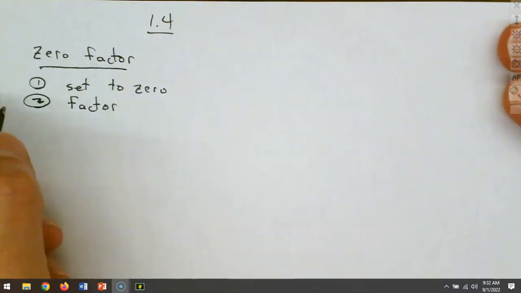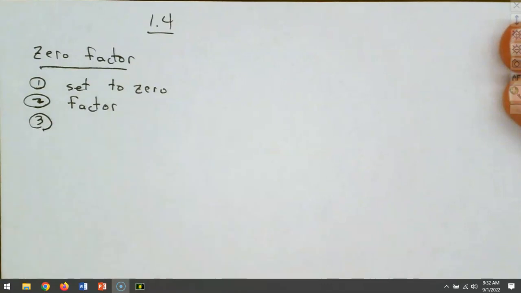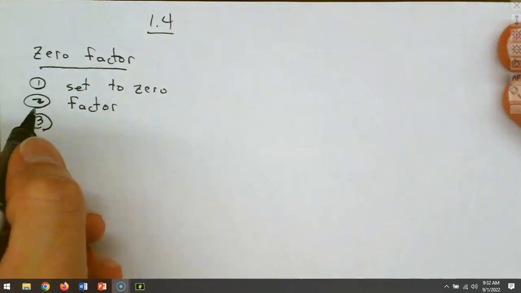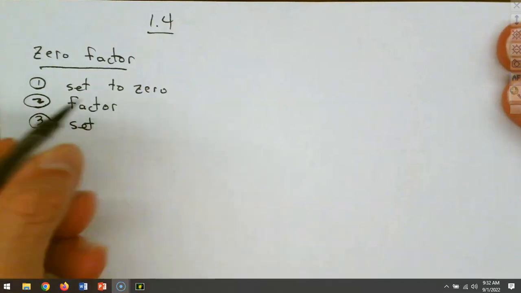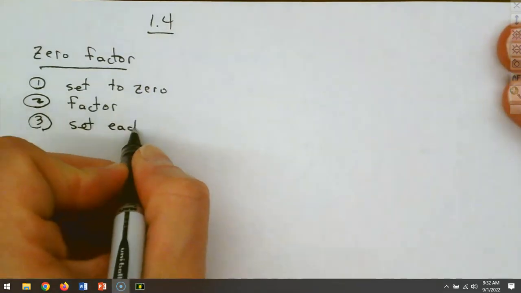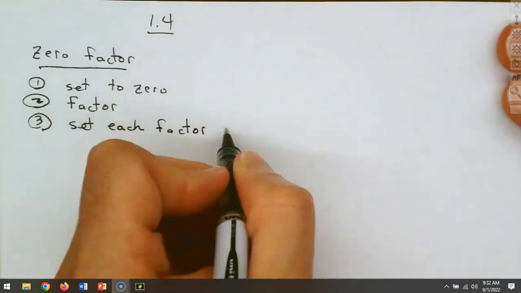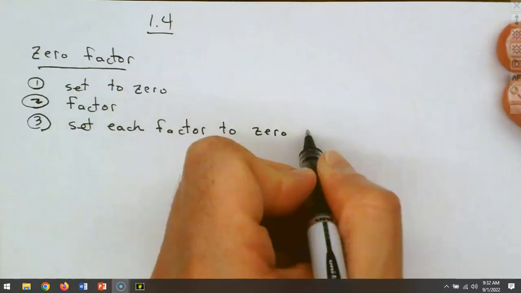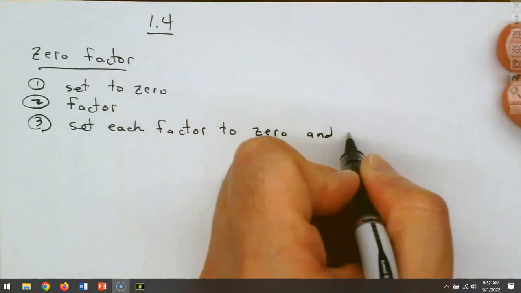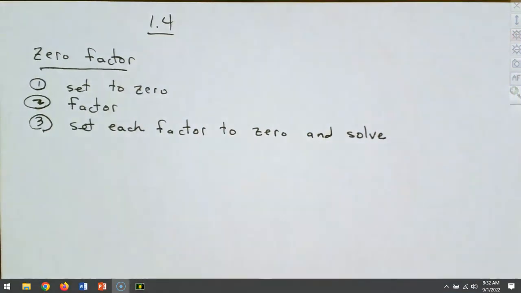And step number 3, what we'll do after step number 2 is we'll set each factor equal to 0 and solve. So that's going to be our directions in how we use zero factor.